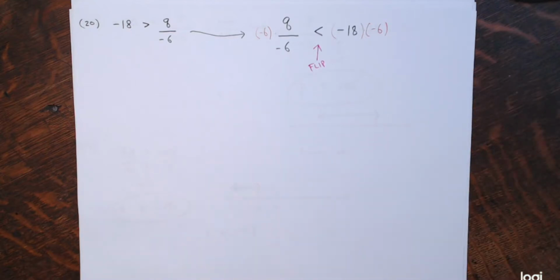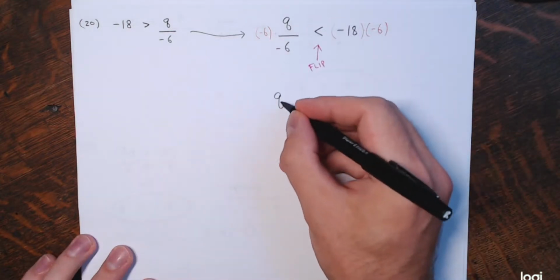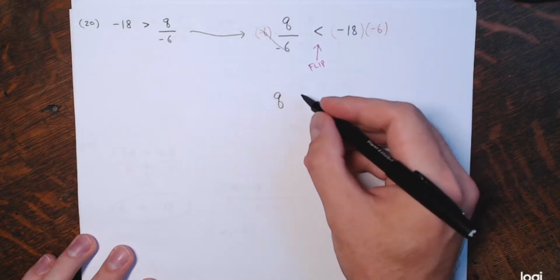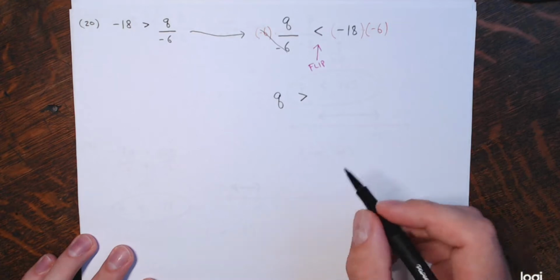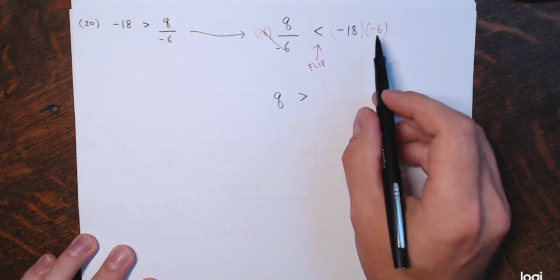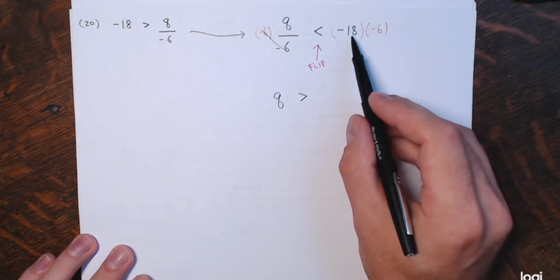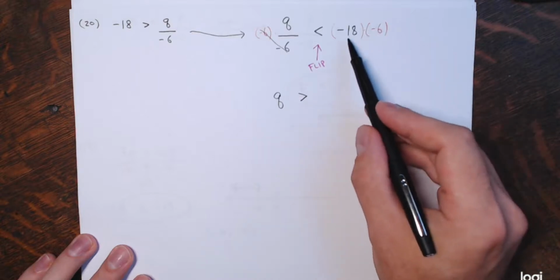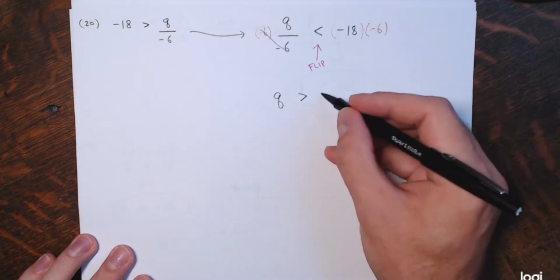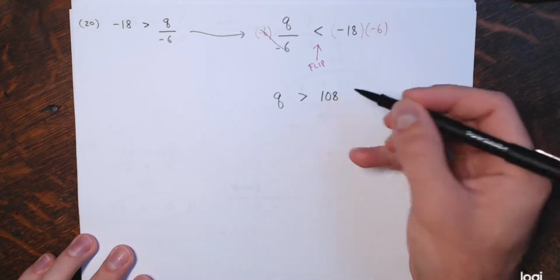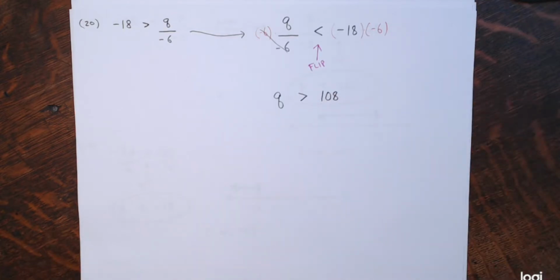So now on the left side I've got just the q, right, because the negative 6s cancel. This is less than becomes is greater than. And then negative times negative is positive. And 6 times 18 is 60 plus 48 is 108. Yes, 60 plus 48, 108.